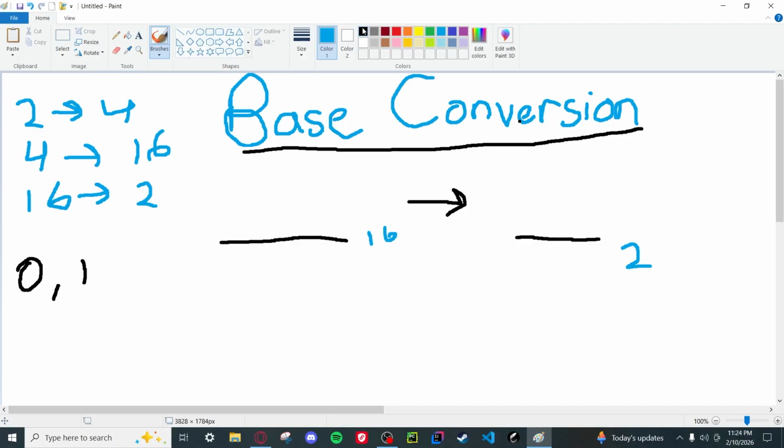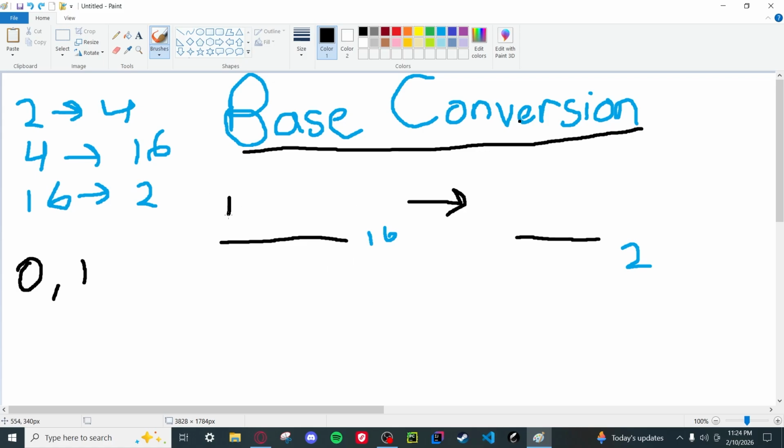And you can do it with base 4 and stuff. From what I've experienced on the test, you're not really going to run into something like this. If I find a problem about it, maybe I'll include it in the practice and show you how this method works. Or if this method for some reason doesn't work there, which it should, I'll update this video. But let's go over this.